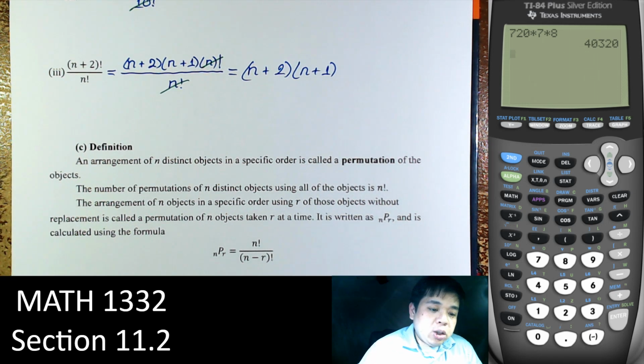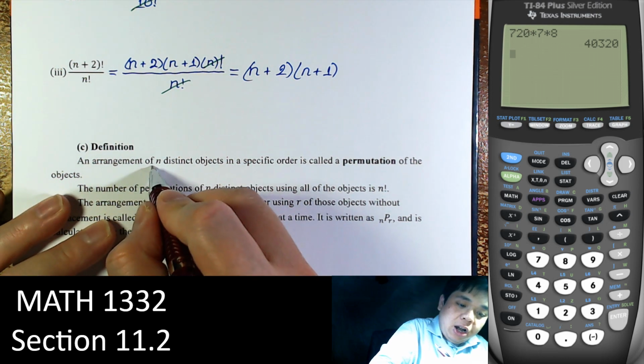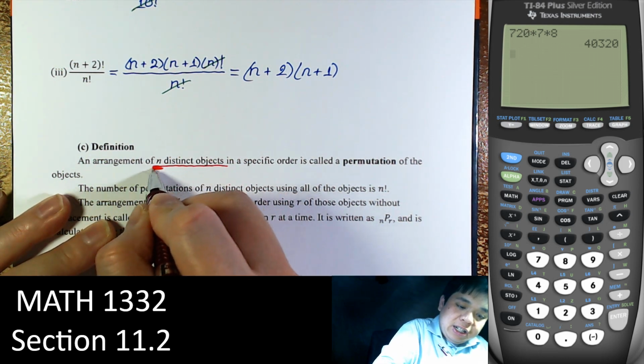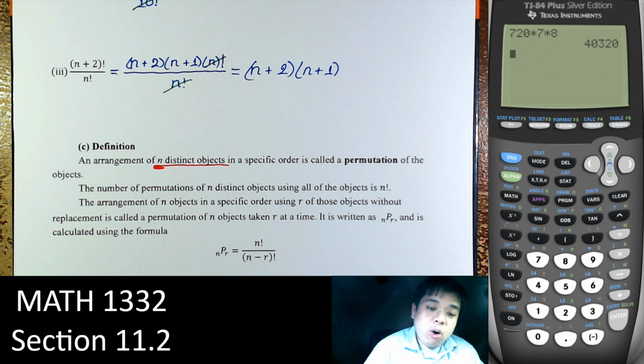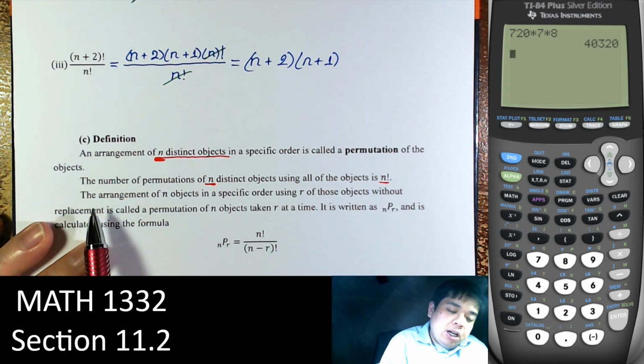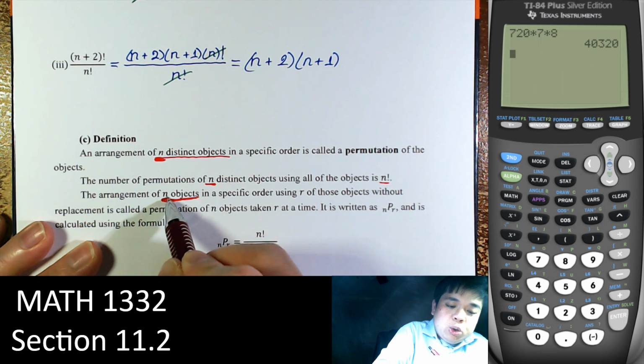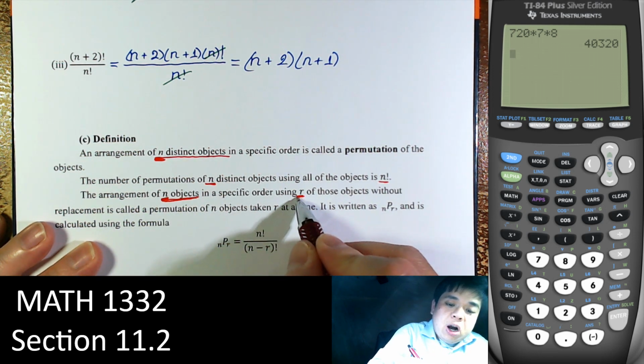Next we go to actually define a permutation. An arrangement of n distinct objects, focusing on the n objects in a specific order, is called a permutation of the objects. The number of permutations of n objects using all of the objects is n factorial. But let's say we choose numbers from 0 to 9, and we only use r of those objects.